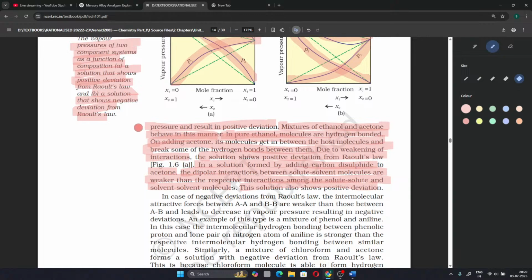This is the case when a polar molecule which is able to form hydrogen bonds, like acetone, is mixed with a non-polar one like carbon disulfide, which gives positive deviation.